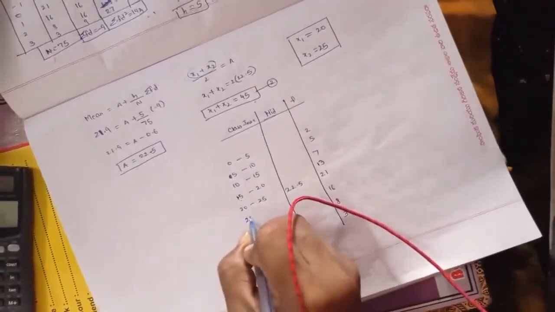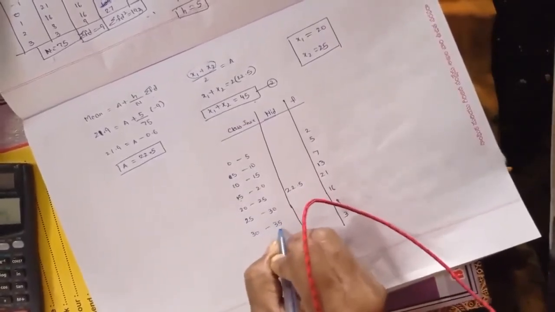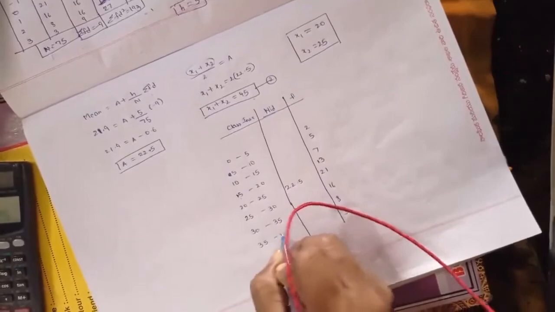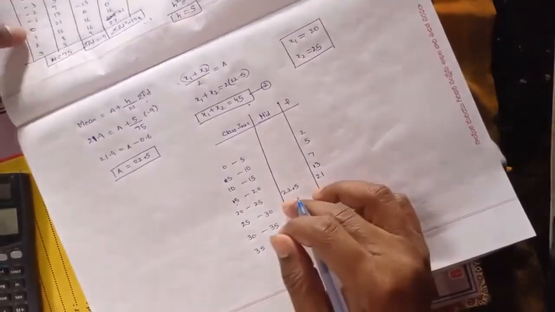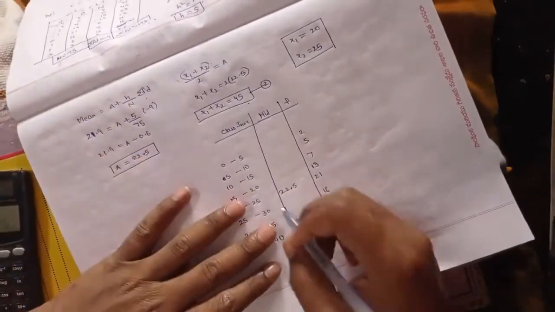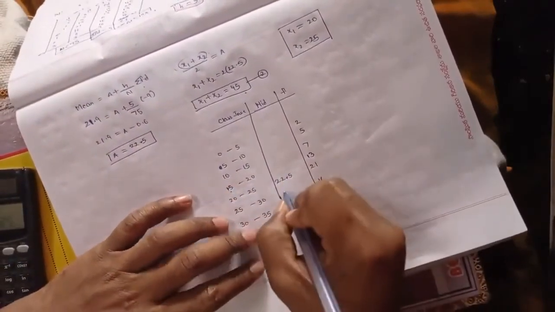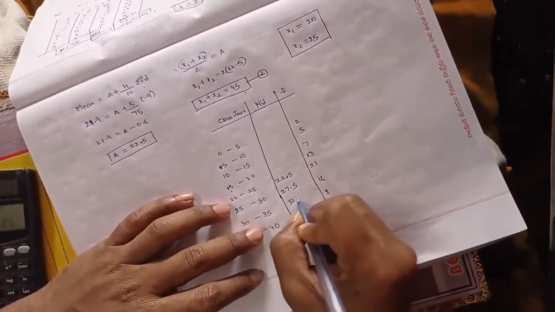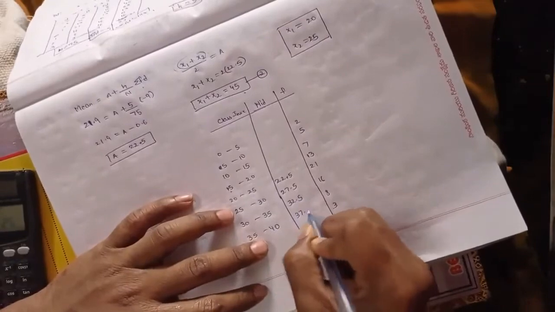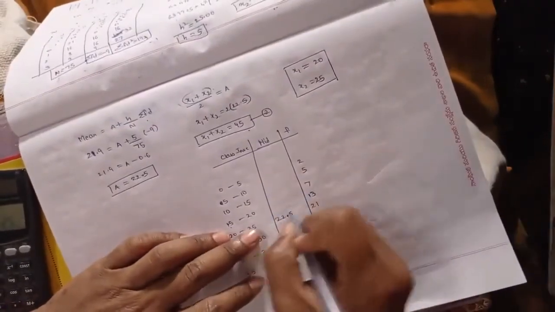So now draw the limits. Class intervals 25 to 30, 30 to 35, and 35 to 40 are the class intervals. Now try to write the midpoint value. Midpoint value is also of 5 difference. So add 5 to the value 27.5, next 32.5, next 37.5 are midpoint values, and above, subtract 5.